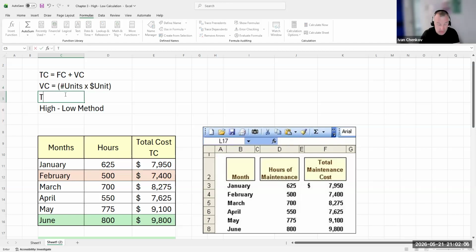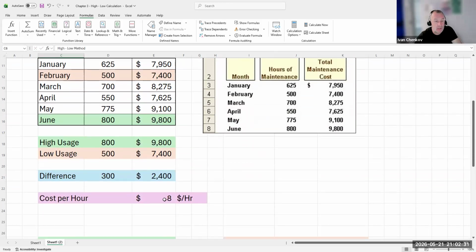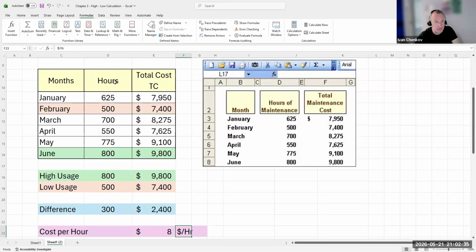So my total cost is actually the fixed cost plus variable cost per unit, or number of the units, times variable cost per unit. So what I just calculated is my variable cost per hour, which is my usage here.